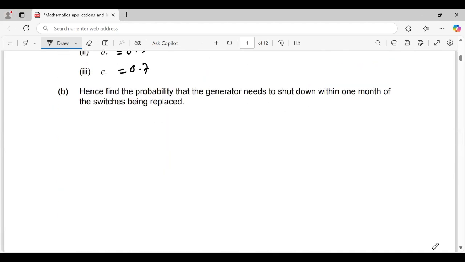You can analyze by yourself the probability of shutdown: 0.1 times 0.3, which is 0.03.